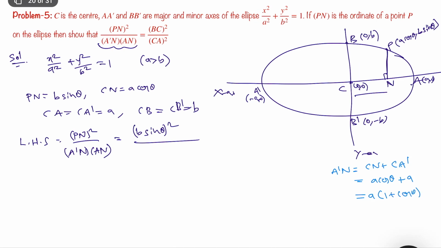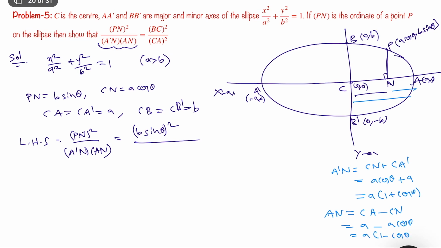Next AN. This AN we can write as CA minus CN. CA is actually A, but CN is again A cos theta. So AN is going to be A times (1 minus cos theta).